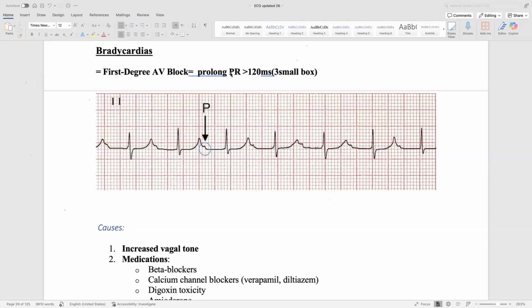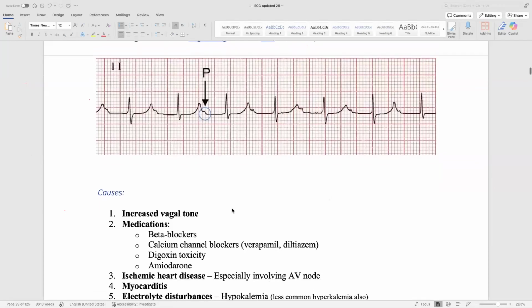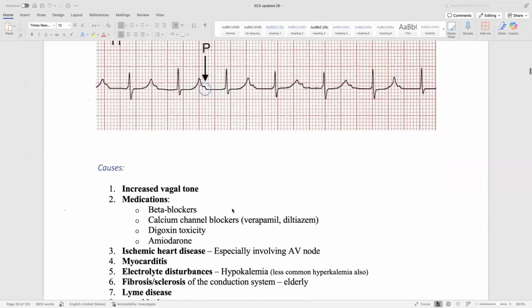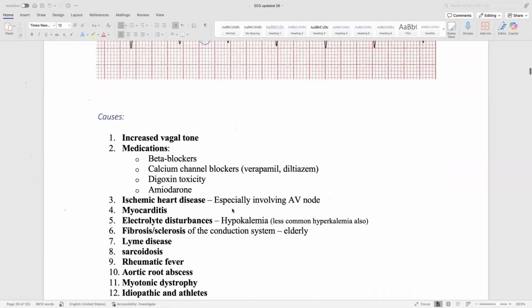And the PR interval is more than 3 small boxes, usually more than 5 boxes, the one of the heart block, 1 large box.